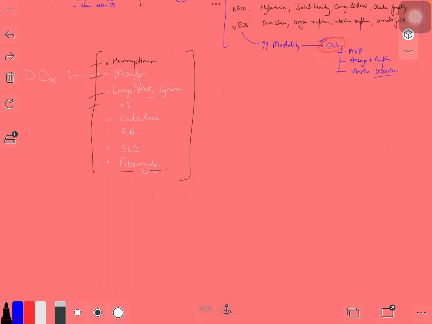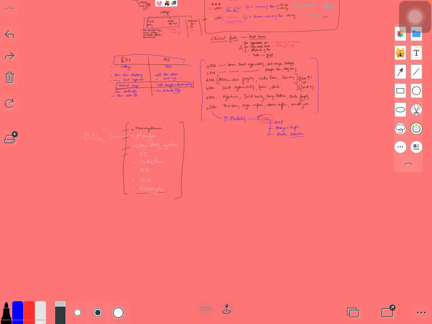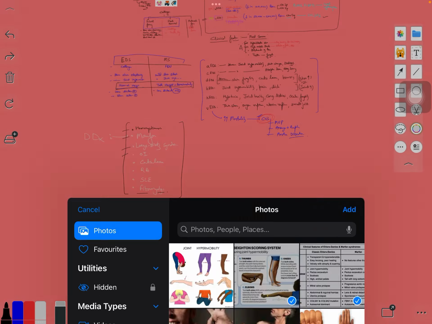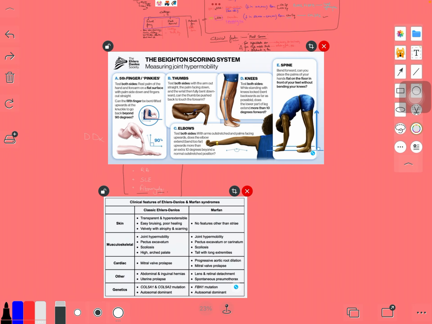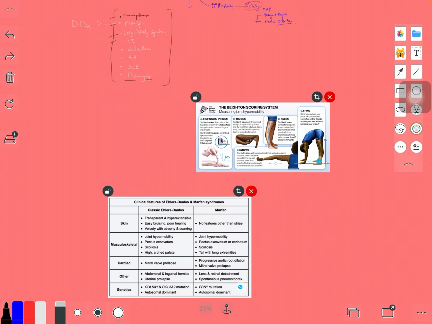Right, now how to make a differential diagnosis. For this, there is one important thing, the Beighton classification. Okay, I have one table for you.